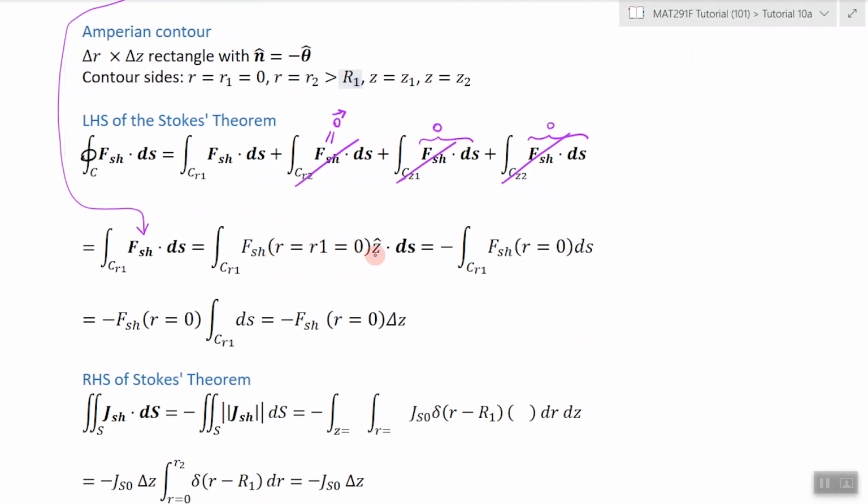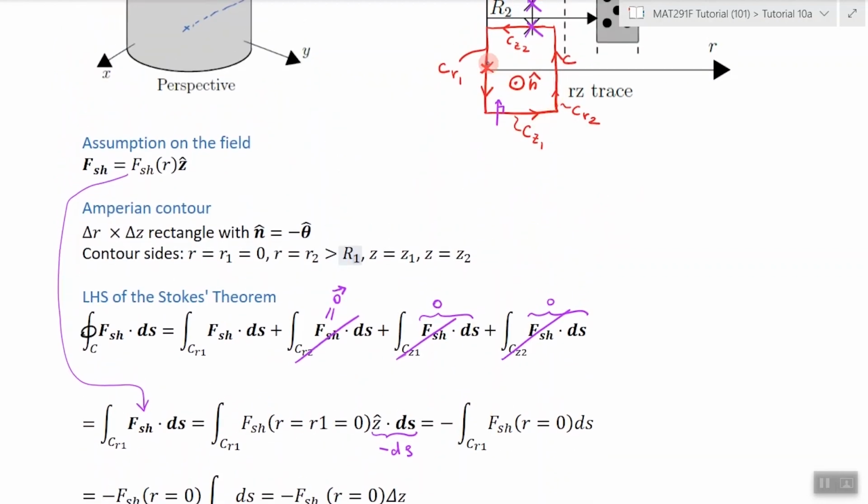Then the next thing I did is I realized that z hat dotted with ds is equal to negative ds, where ds is the differential length element. The reason why is because for this contour, ds is down, but z hat is up, right?